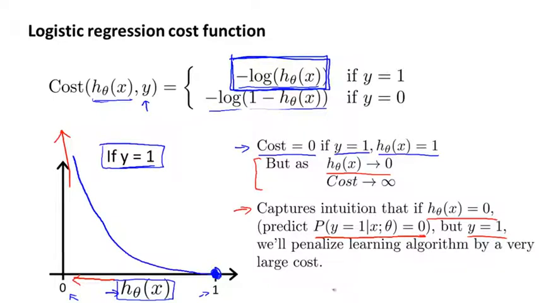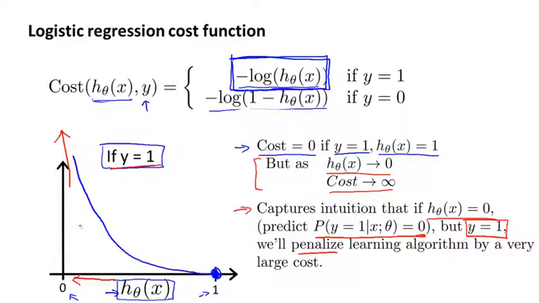So it's like absolutely impossible that your tumor is malignant. But if it turns out that the patient's tumor actually is malignant, so if y is equal to 1, even after we told them that the probability of it happening is 0, so it's absolutely impossible for it to be malignant, if we told them this with that level of certainty and we turn out to be wrong, then we penalize the learning algorithm by a very, very large cost. And that's captured by having this cost go to infinity if y equals 1 and h of x approaches 0.